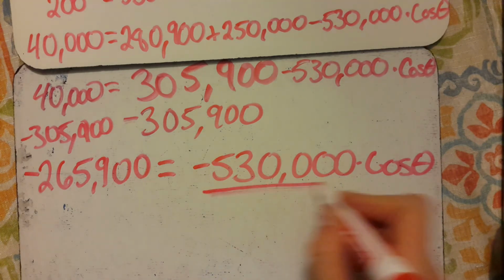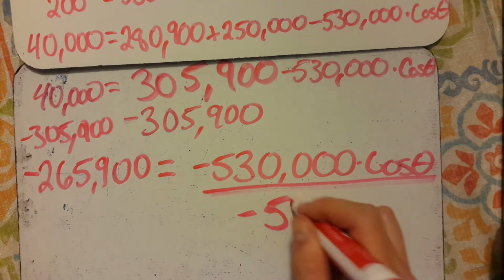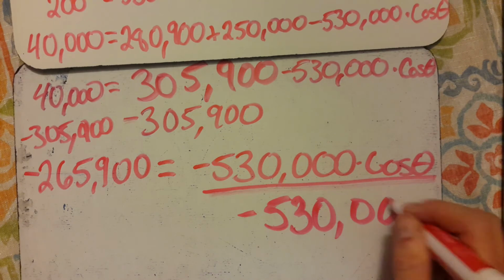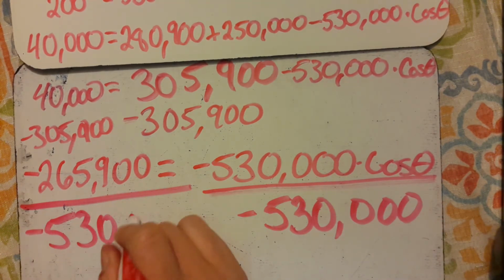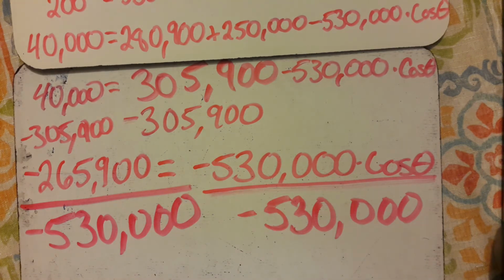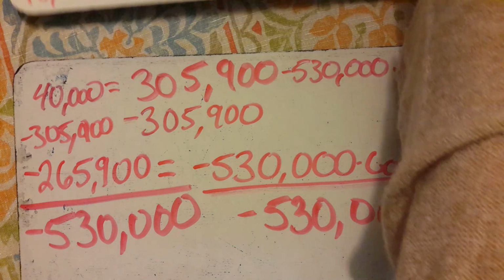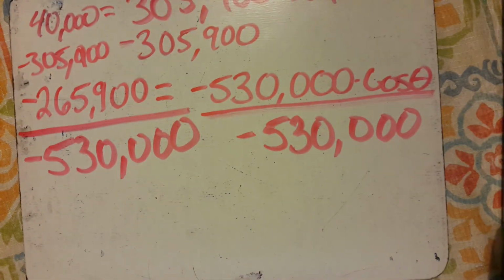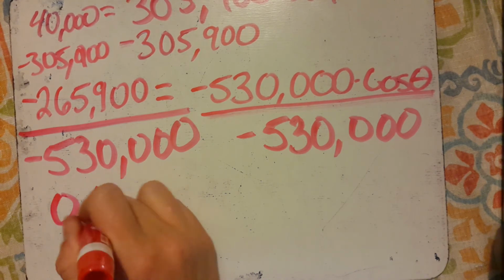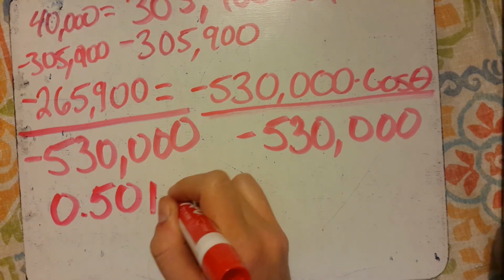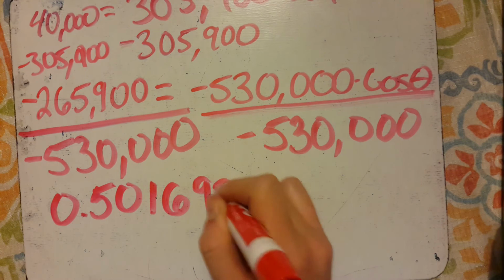So to get this big number away from it, I'm actually going to divide. And you'll notice that the double negative is going to give me a positive, and it does appear that I'm going to get an ugly decimal for that. 0.501698 maybe.